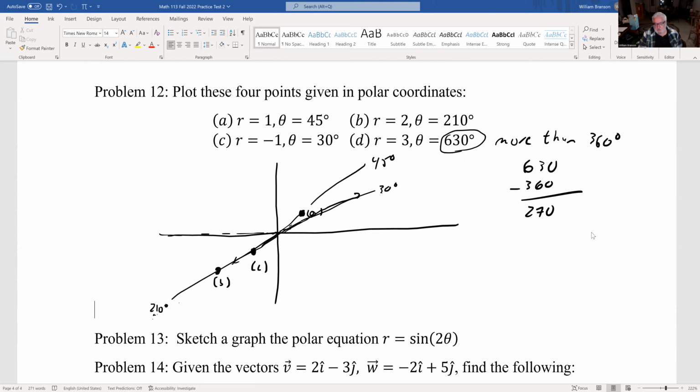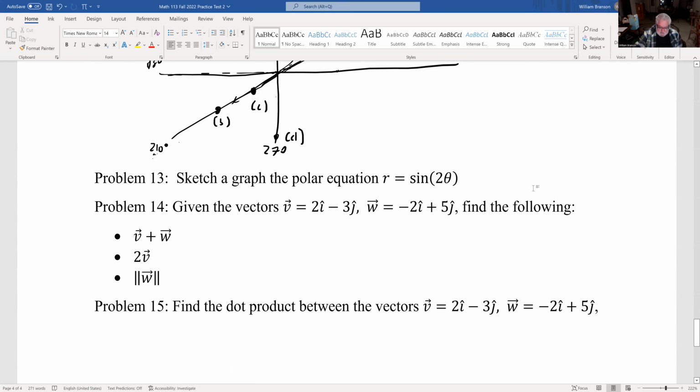So 270 degrees. Well, this is 90, this is 180, this is 270. So 630 degrees is around the circle once, and then another 270 degrees, and you go 3 units in that direction, and that gives you point D.